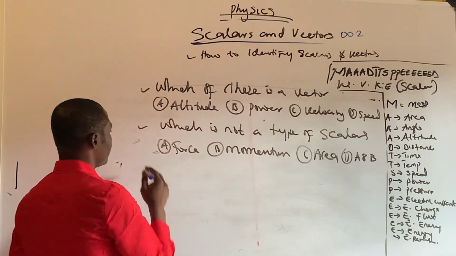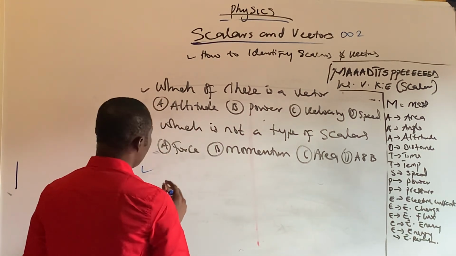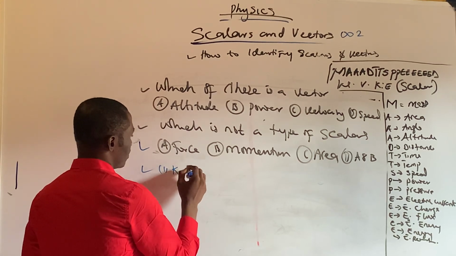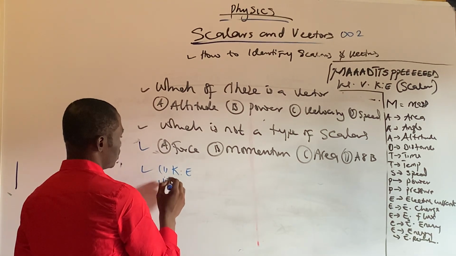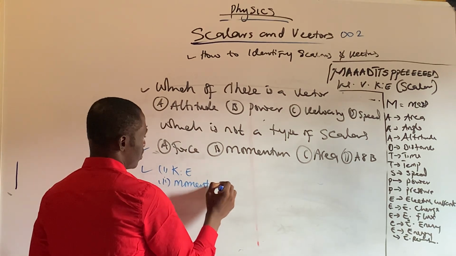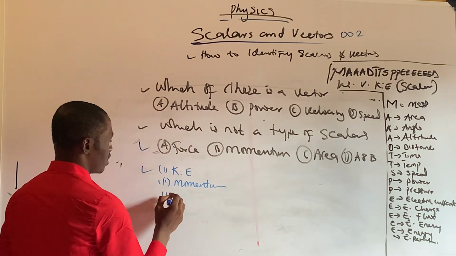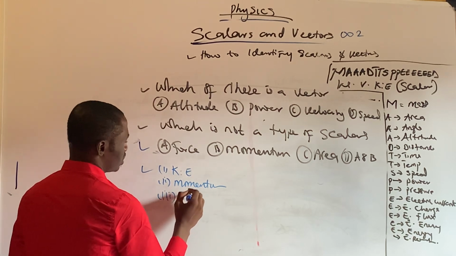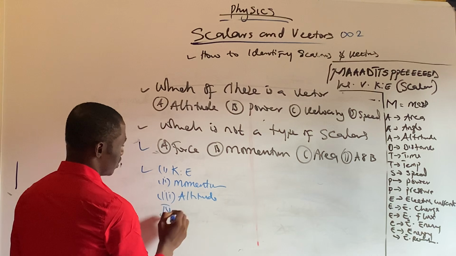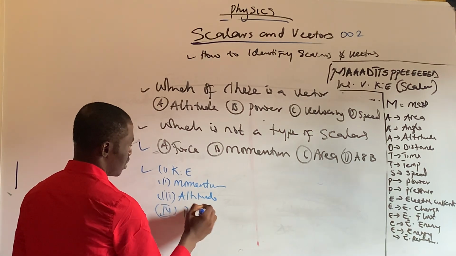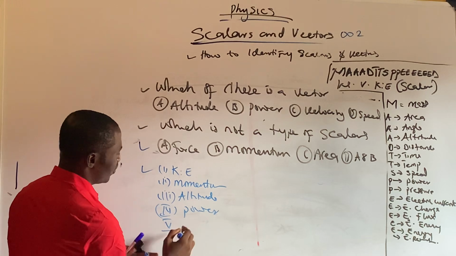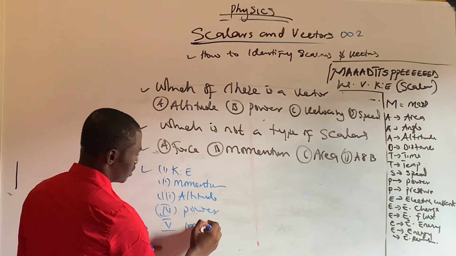Now, have another one. They will give you a list of topics. 1, kinetic energy, 2, momentum, 3, altitude, 4, power, and then 5, they will give you impulse.